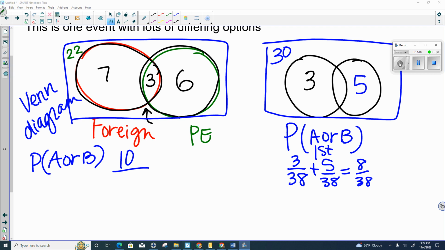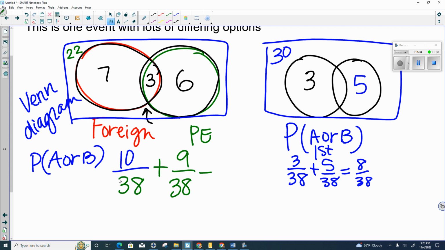Okay, I did some quick maths. I added my little 22 up here. These people aren't taking foreign language or PE. And so we're back to 38 students. And we add that to the 9 out of 38 who are in PE. But like you saw me do a second ago, if I use the numbers 10 and 9, I'm second guessing everything here.